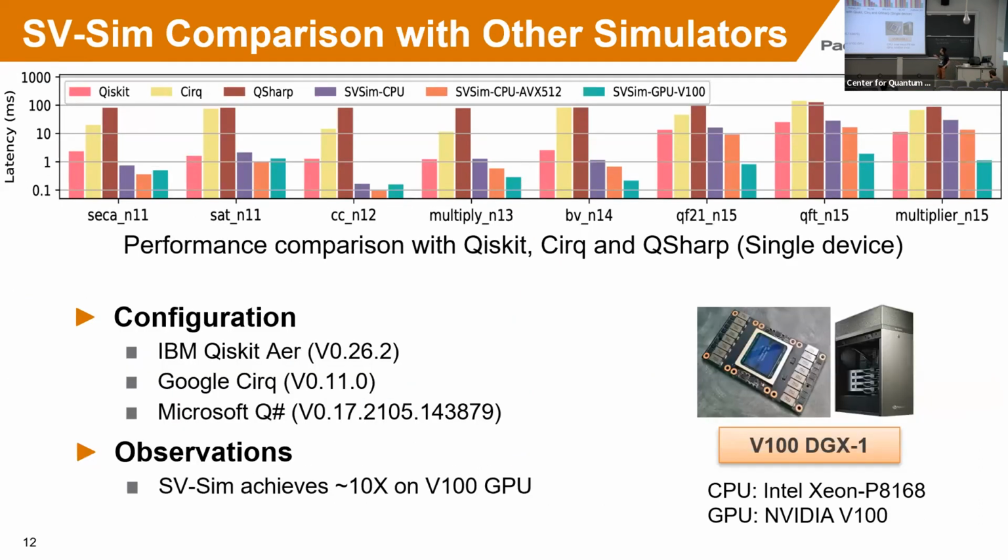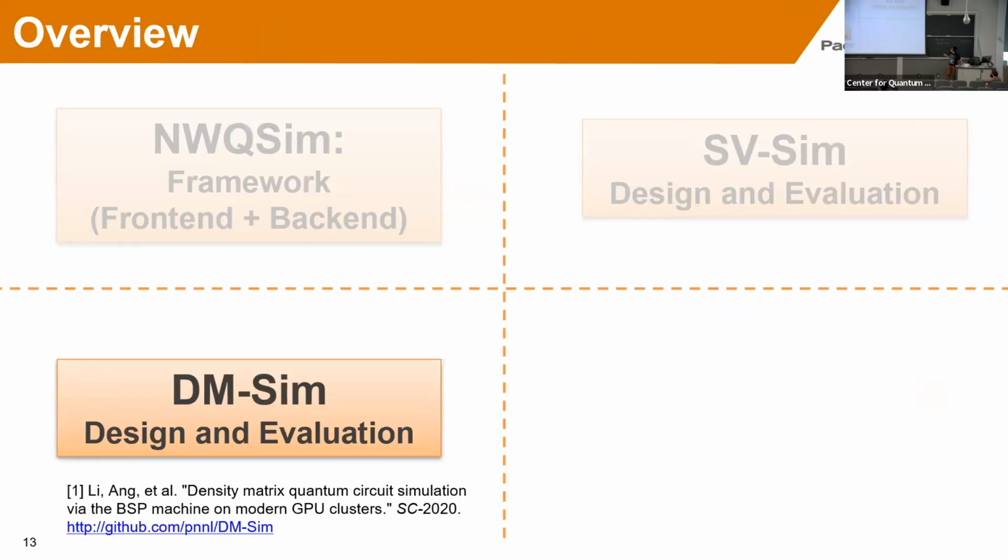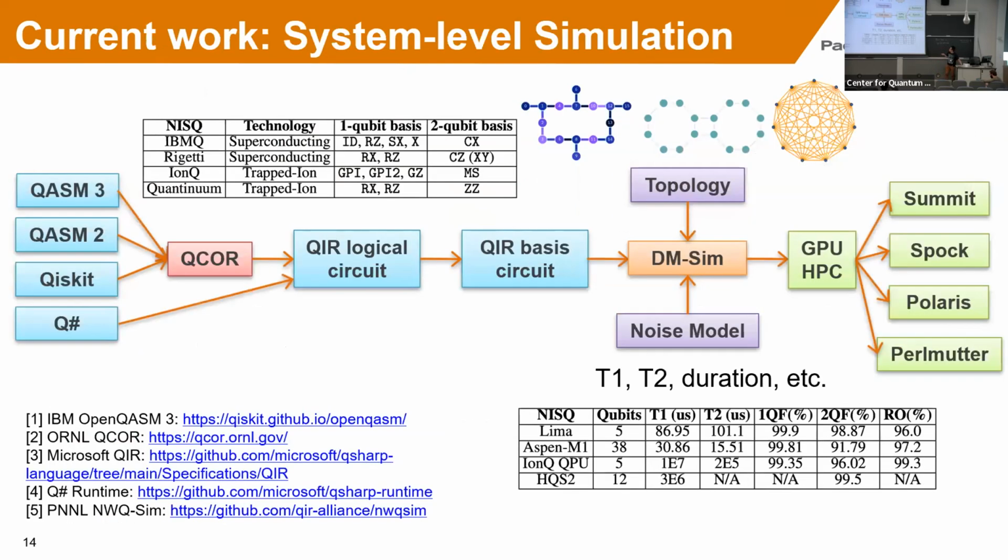Here we compare the performance of a single device against Qiskit Aer, Cirq, qsim, and the Q# simulator, and the observation is that we can have around 10x speedup. This DMSim is an upgraded version of our original DMSim implementation, so these are very fresh results that I generated these days.